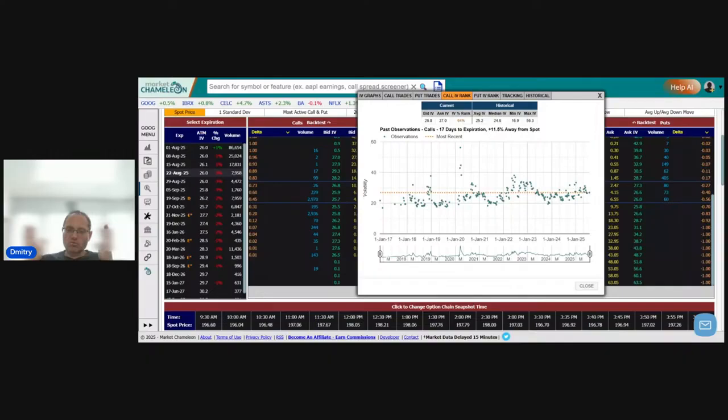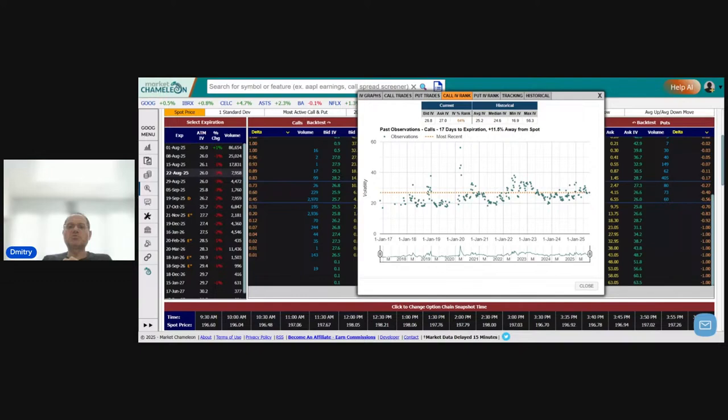In other words, we don't want call options that are 10% in the money or at the money, and we don't want call options with 100 days to go or 1 day to go. What we want is to see call options with 17 days of trading and that they're 11.5% away. So this way we match it up.